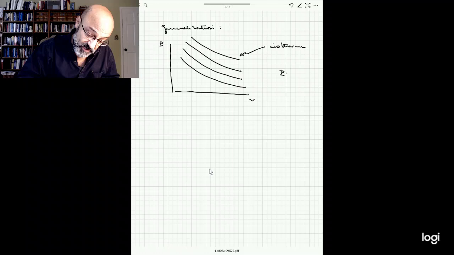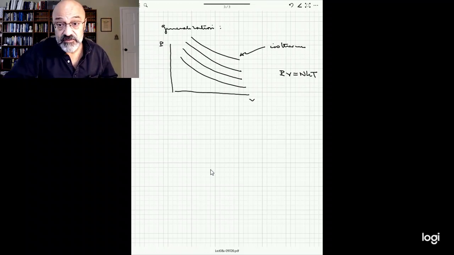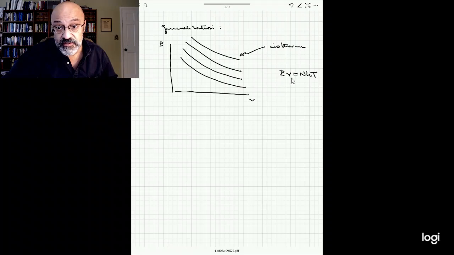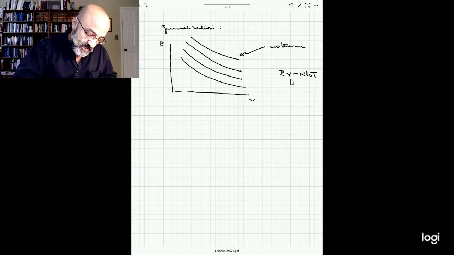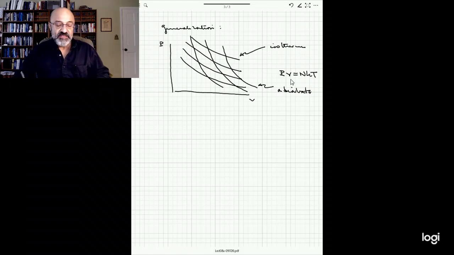For example, for an ideal gas, we have PV equals NkT. So constant T means P is 1 over V, so we get these hyperbolas. The adiabats are curves that go steeper. Adiabats, this is no heat exchange, something like that.